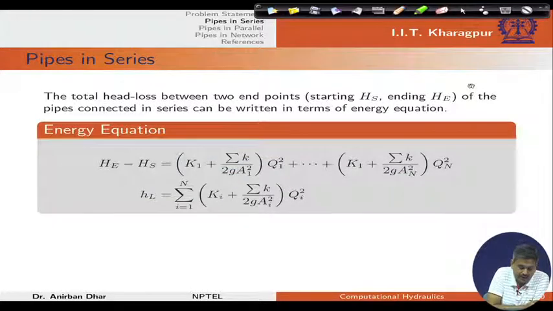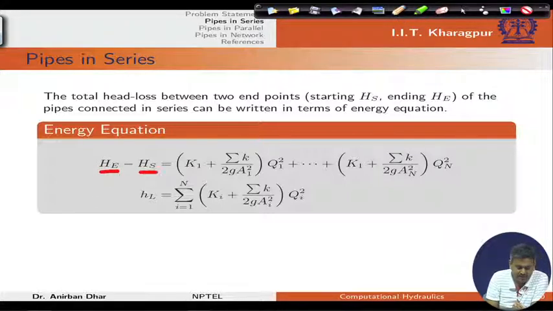Now, in pipe flow case we have starting and end points, this is the end point, this is starting point. The head loss between the two end points, this HE and HS, of the pipes connected in series, we are talking about pipes connected in series only.